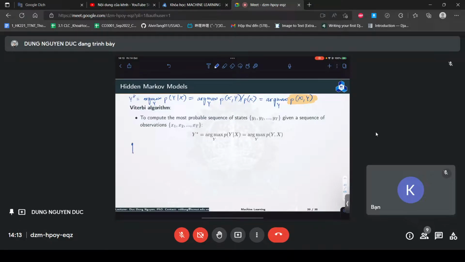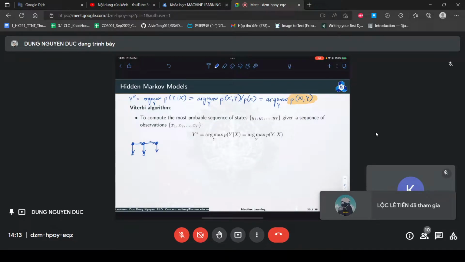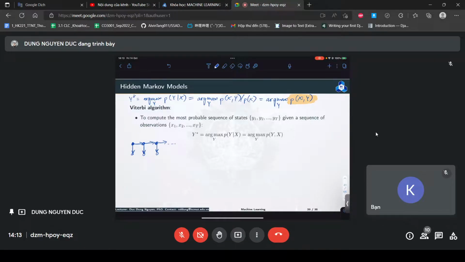This is what we have with the hidden Markov model: y1, x1, x2, x3, y2, y3, yt, xt, yt plus 1, xt plus 1, and so on.